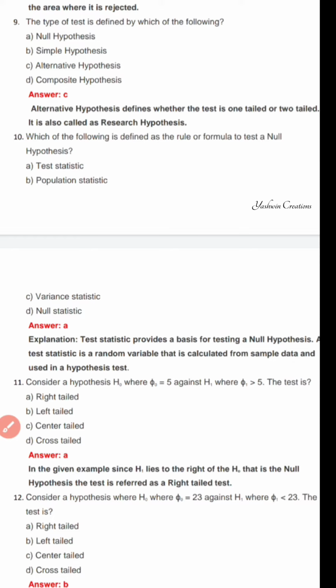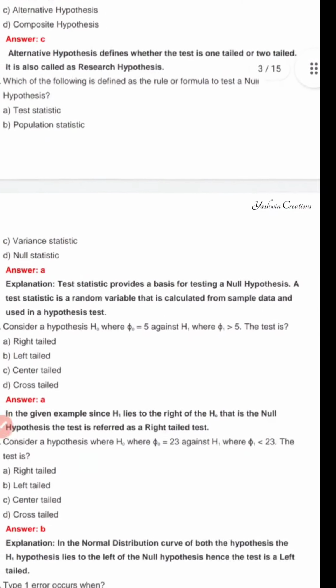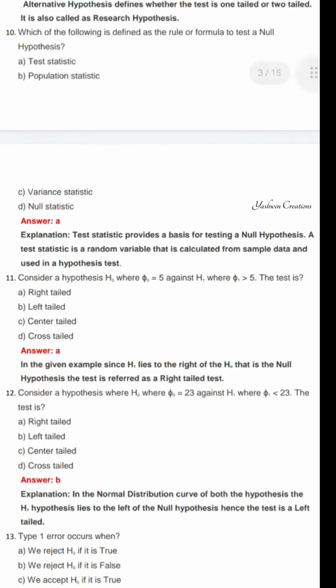So if you get the rule or formula, then remember the answer is test statistic. So test statistic provides a basis for testing a null hypothesis. A test statistic is a random variable that is calculated from sample data and used in a hypothesis test.